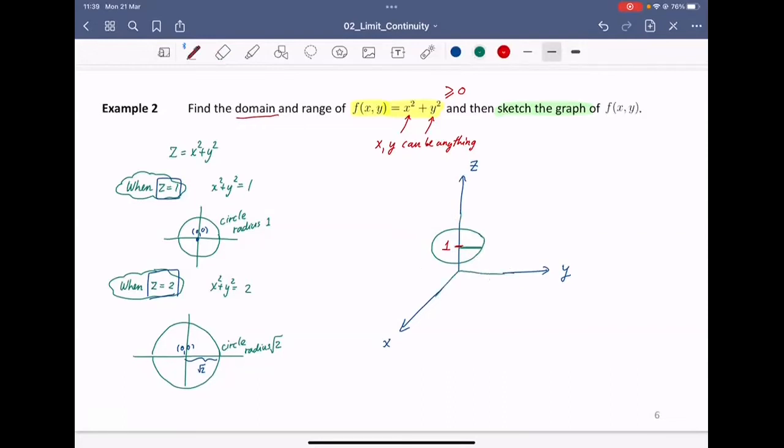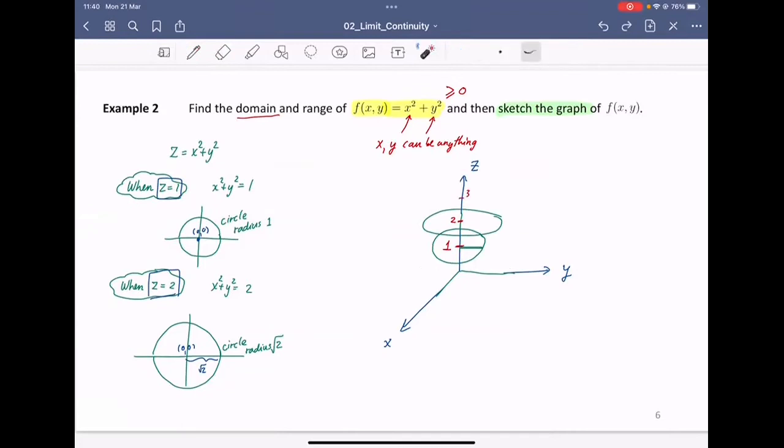Also when c equals 2, it's going up. I get a circle as well, but the radius is getting bigger. Believe me, if you do 3, 4, and so on, you also get circles, because you get the same equation with a bigger radius.